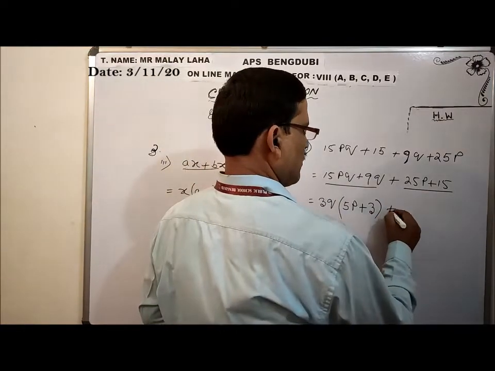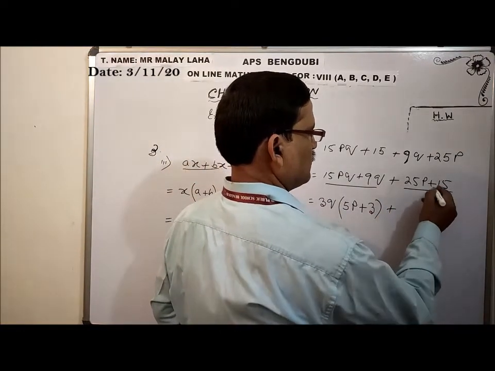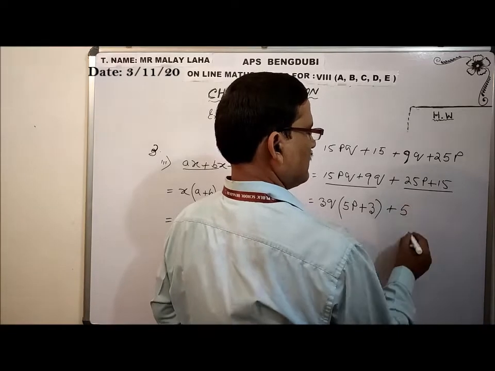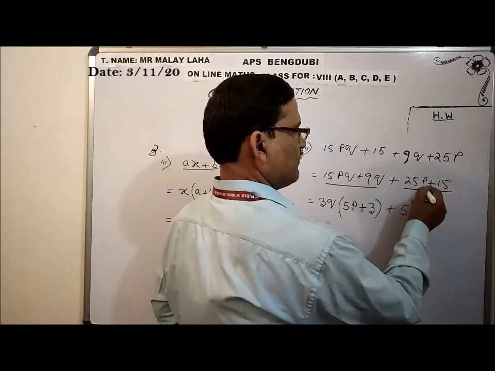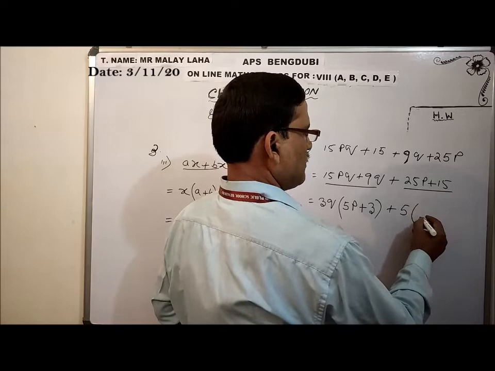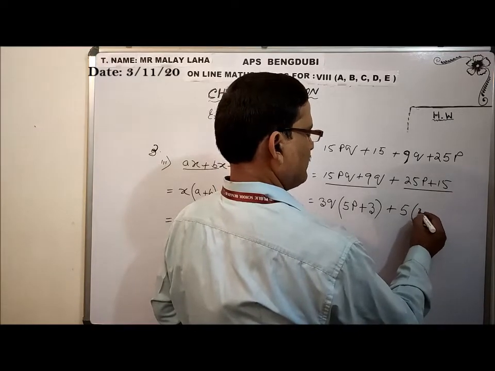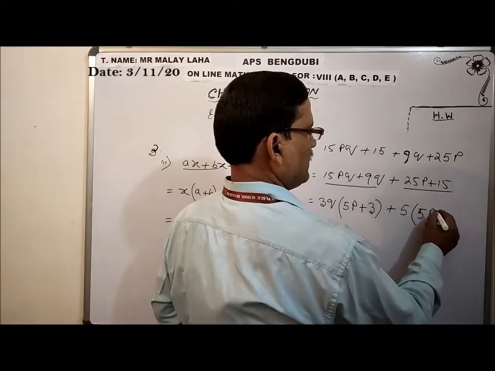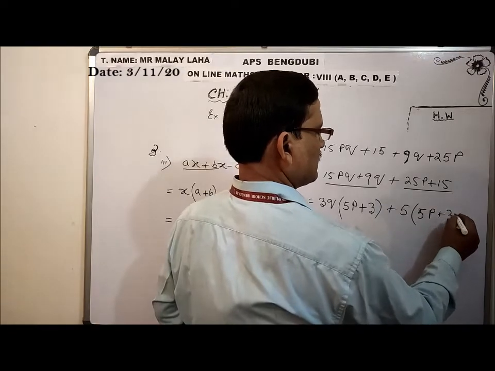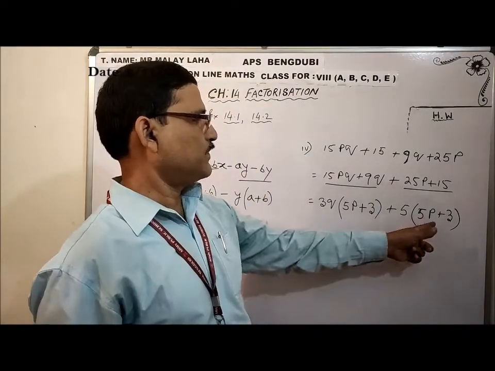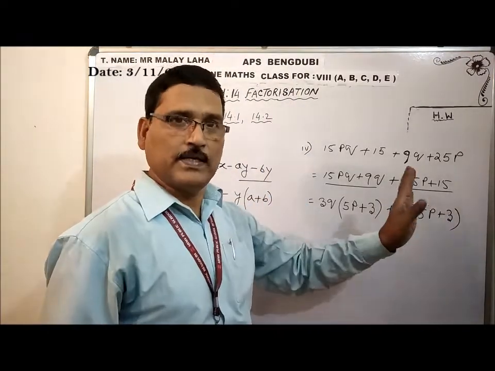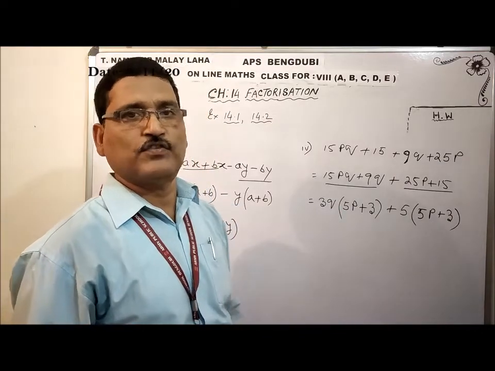Here, what can I take common from these two parts? 5 can divide 25 and 15. What is left out? 5 fives are 25, so 5P, and 5 threes are 15, so plus 3. You see, both are the same: 5P plus 3, 5P plus 3. It has to be. Otherwise, your calculation will be wrong.